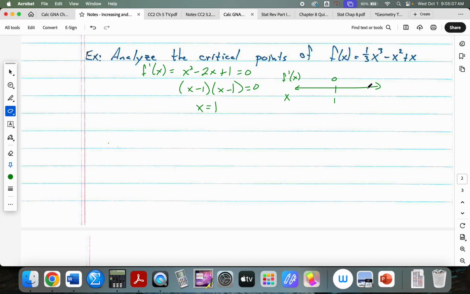So if I pick a number bigger than 1, let's say 2, I'll have 2 minus 1 is 1, times 1 is 1, f prime is positive here. And then if I pick a number less than 1, say 0, I'll have 0 minus 1 is -1, times another -1 is +1, f prime still positive.